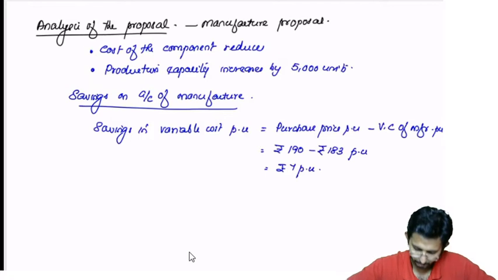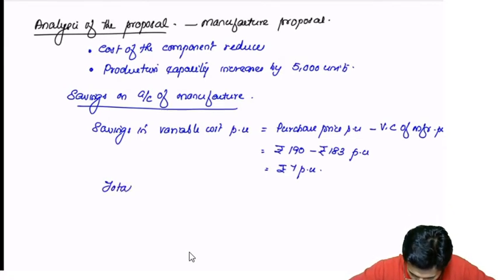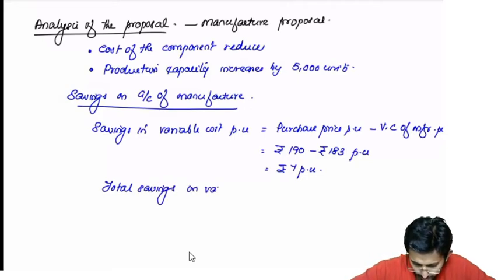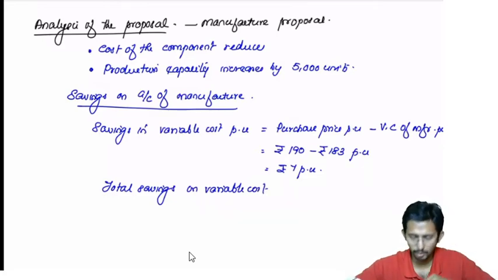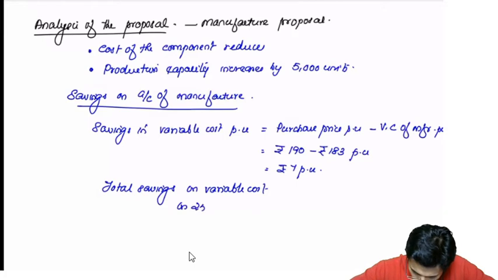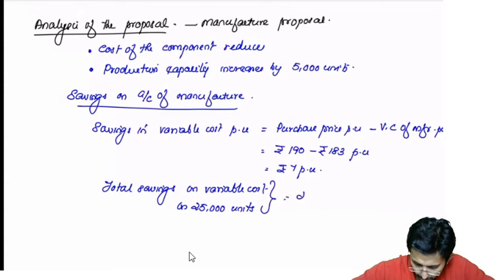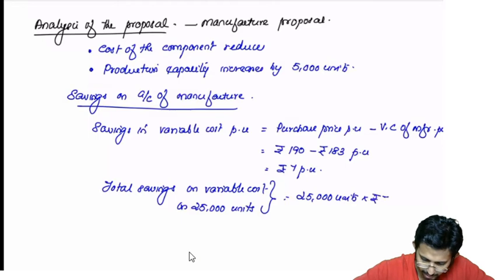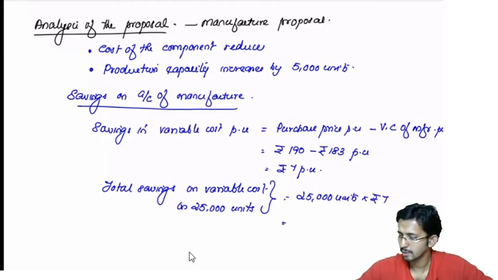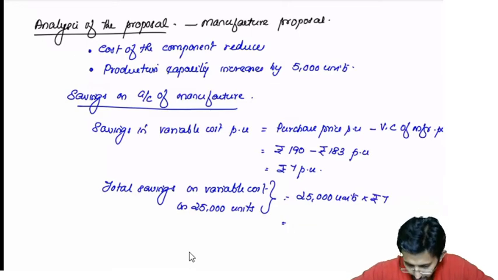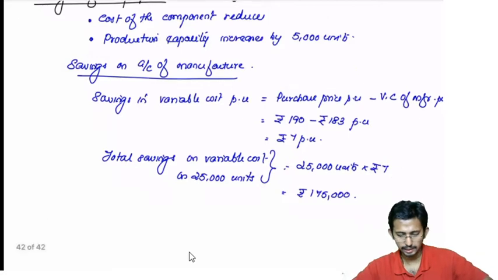Now total savings on variable cost, on the present existing quantity, so on 25,000 units. 25,000 into 7 is 1,75,000. Is it clear? That is one thing.